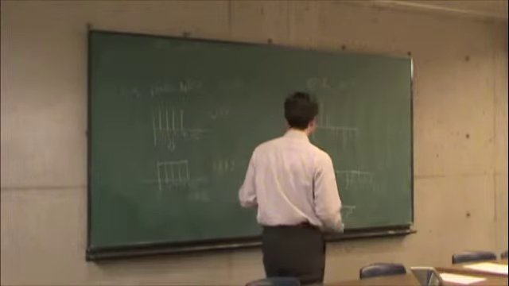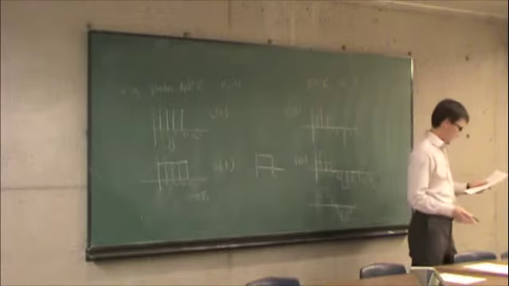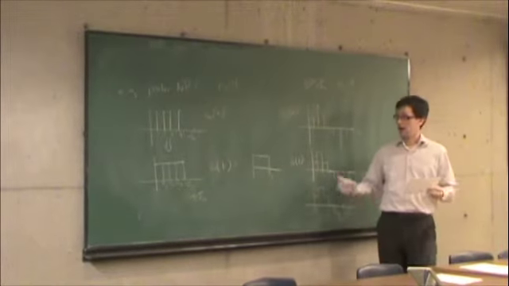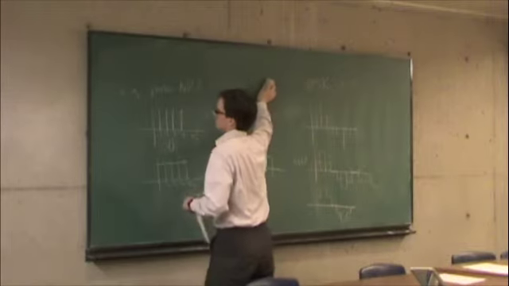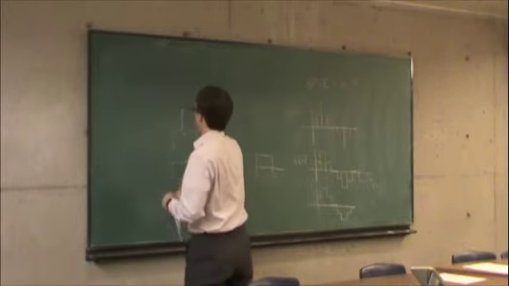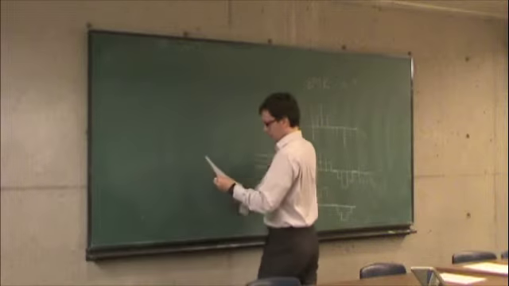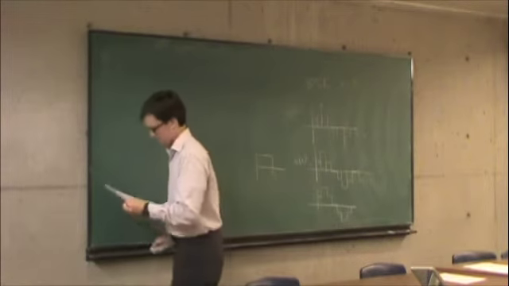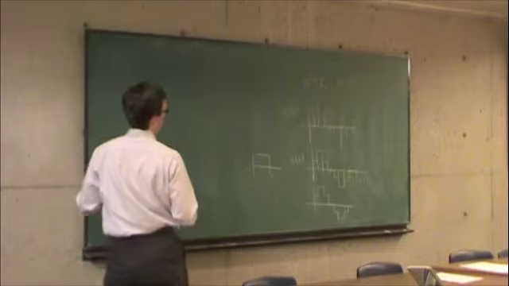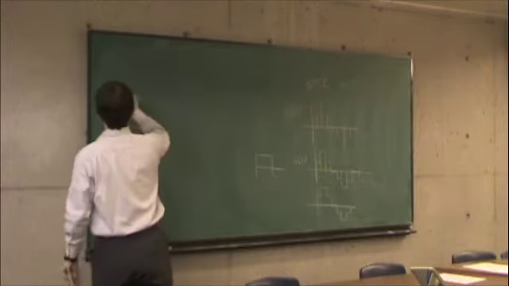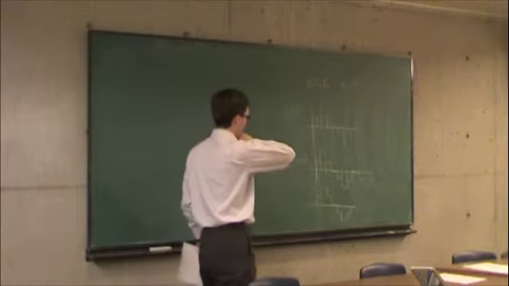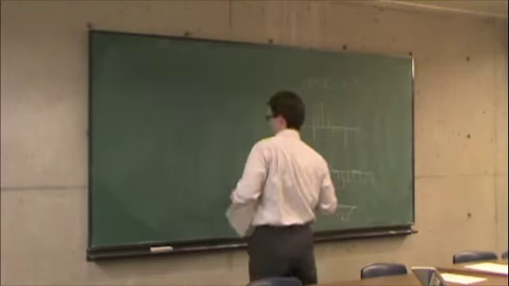All right, so now we can calculate energy per bit. In fact, we can come up with a general expression for energy per bit. To do that, let's come up with an expression for whatever the rectangle is.